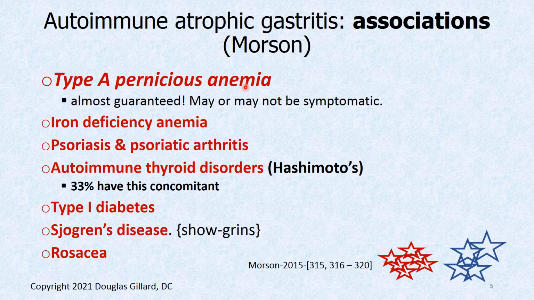So pernicious anemia is always seen in this condition, and one of the associations with pernicious anemia was iron deficiency anemia, but all the rest of these are autoimmune driven: psoriasis, psoriatic arthritis, Hashimoto's disease, which is hypothyroidism. In fact, 33% of people have this one. Type 1 diabetes, autoimmune. Sjogren's disease, autoimmune. Rosacea is believed to be autoimmune as well.